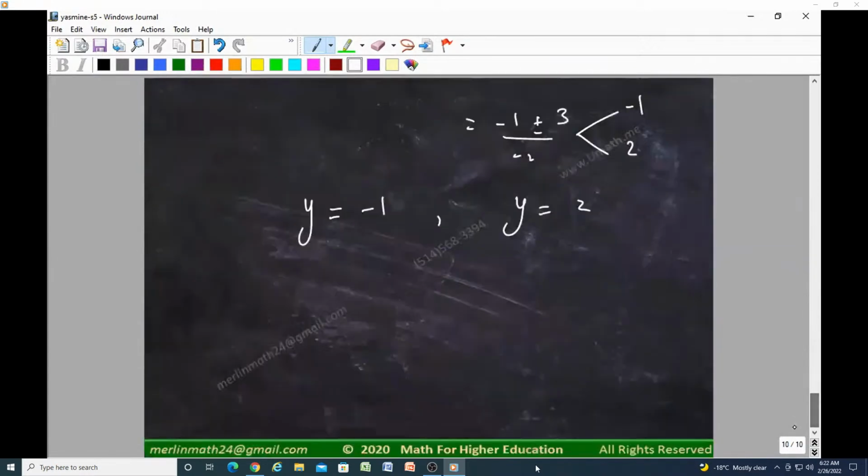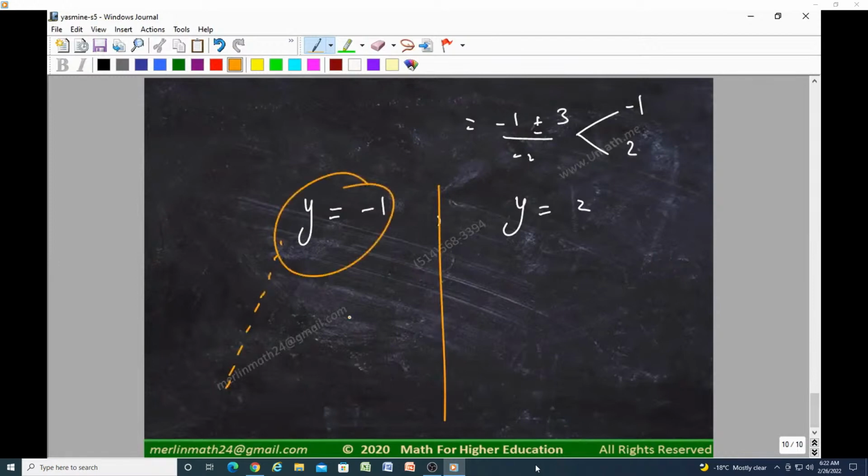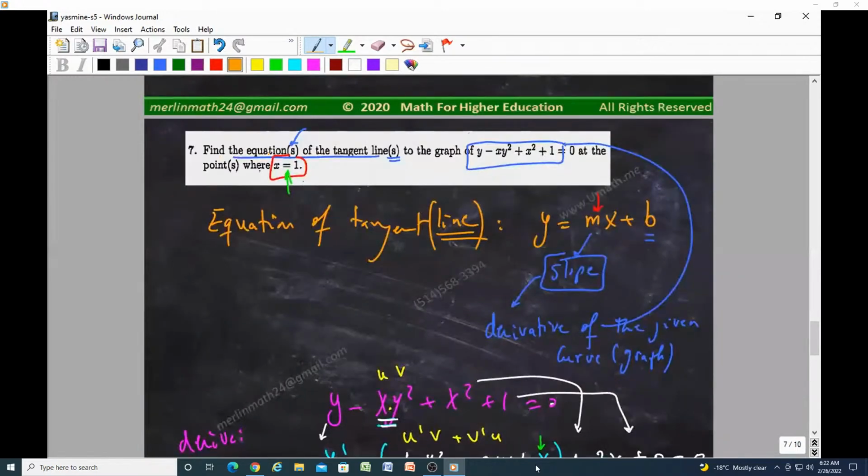You want to split your page into 2 and do the calculation for this value, and the same thing for that value, so you'll get 2 answers. If you go back to the question, they ask to find equations of the line, not only one.